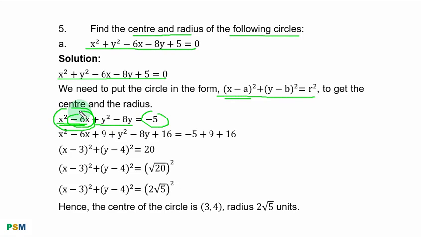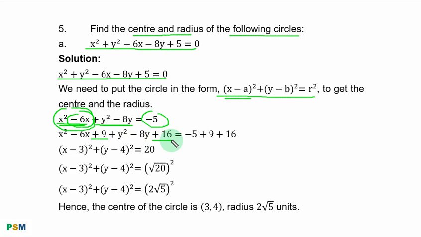Then you square it, you have plus 9. So you add plus 9. If you come here, half of minus 8 is minus 4. You square it, you have plus 16.